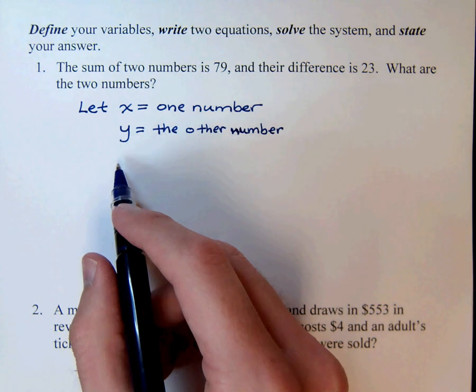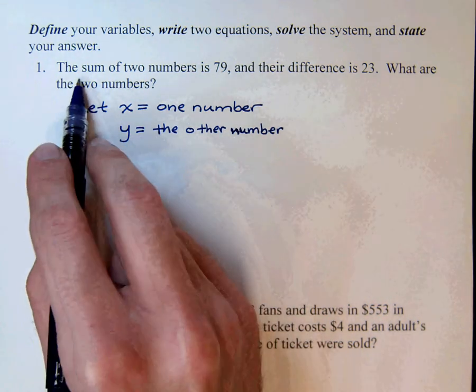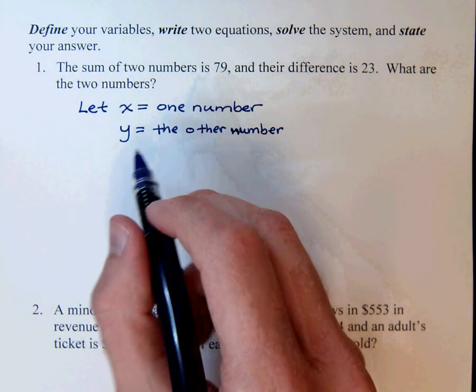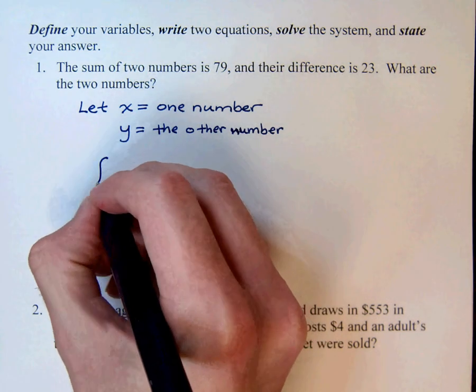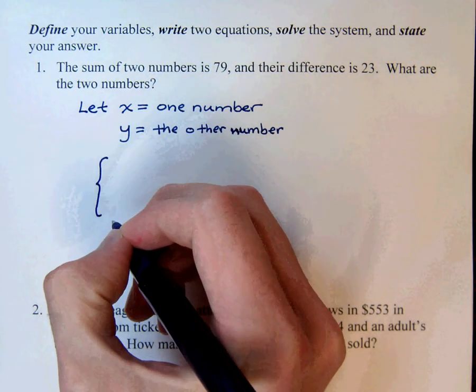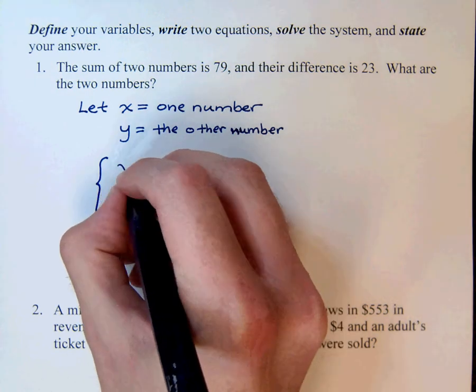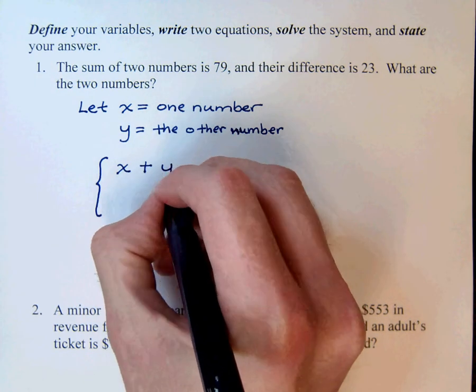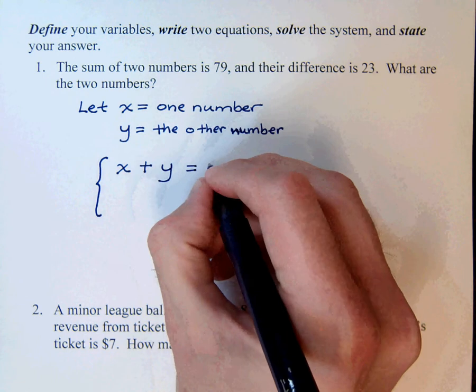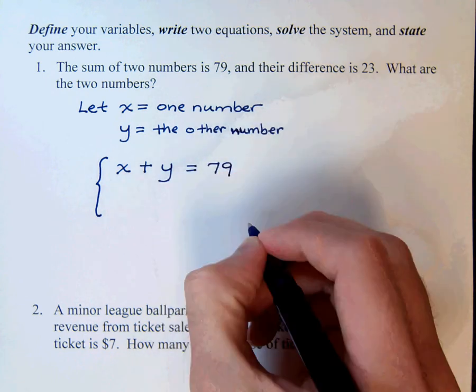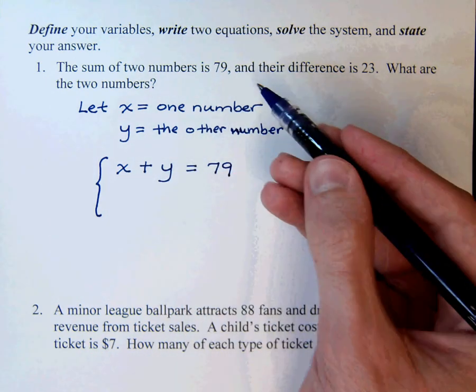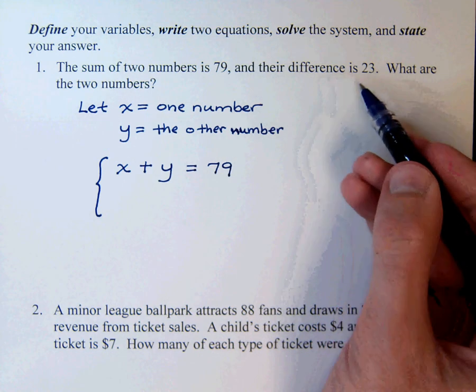Now, going back to the word problem, we see that the sum of these two numbers is 79. So instantly we know that one of the equations is addition, and we are adding the first number and the other number, and it's supposed to equal 79. The other part says that the difference of those two numbers is 23.